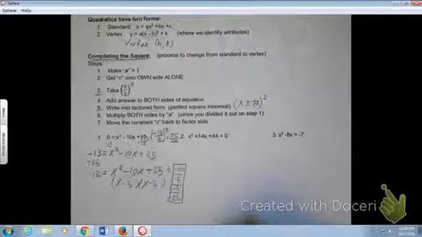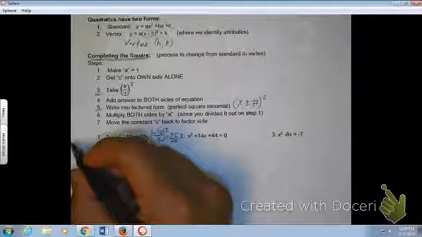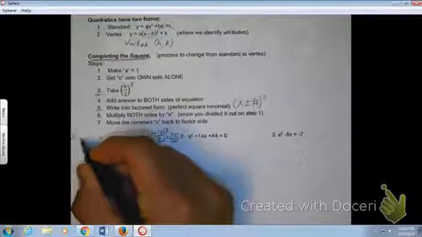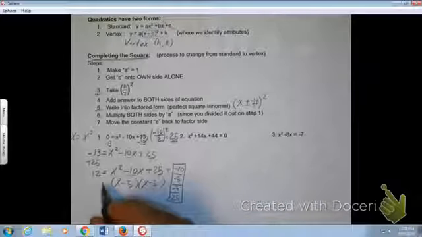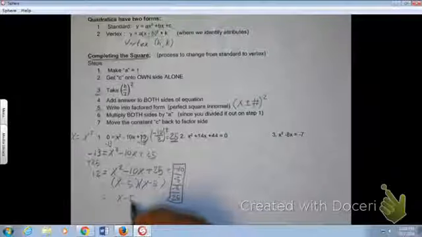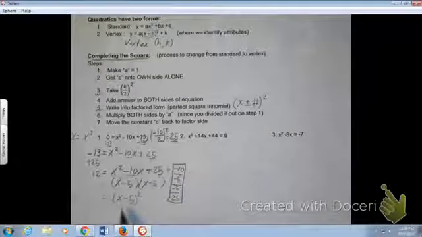It's okay, I know it's confusing right now. It will get easier. You remember when we have, for example, x times x, we can rewrite it as x squared. We're going to do the exact same thing here. We have two things being multiplied, so we're just going to write x minus 5 squared.